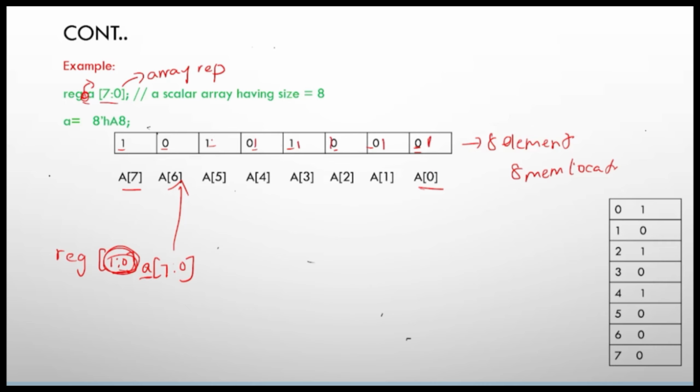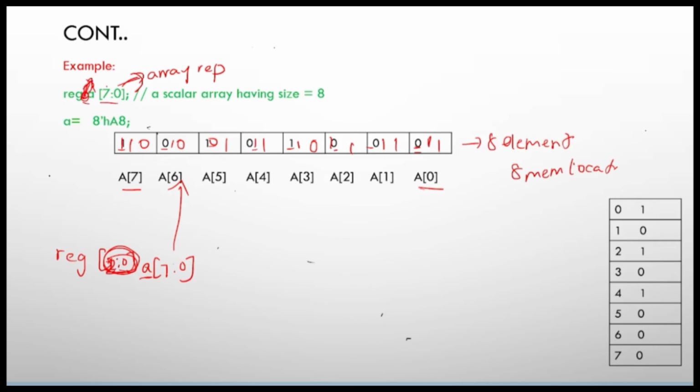Similarly, if you make it 2 down to 0, then every element can hold 3 bits. Clear? So this is the array representation, and if you want to increase the width, you should give it before.